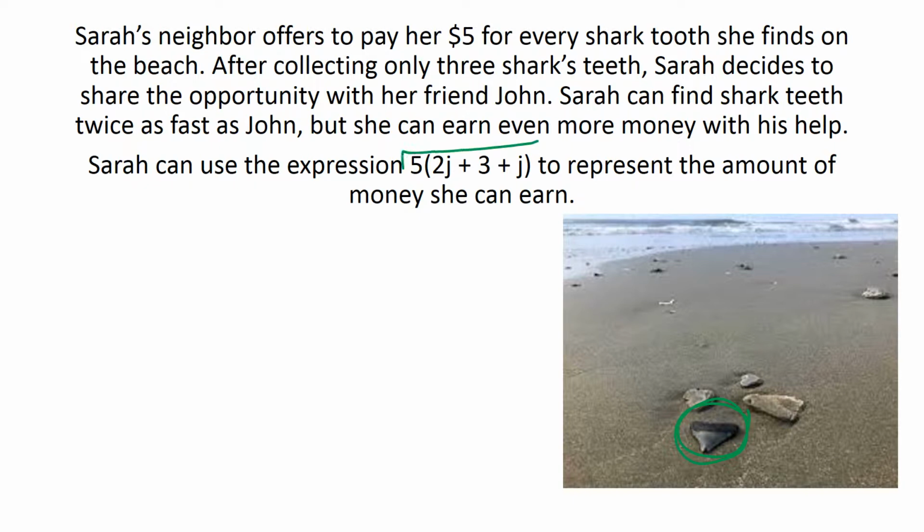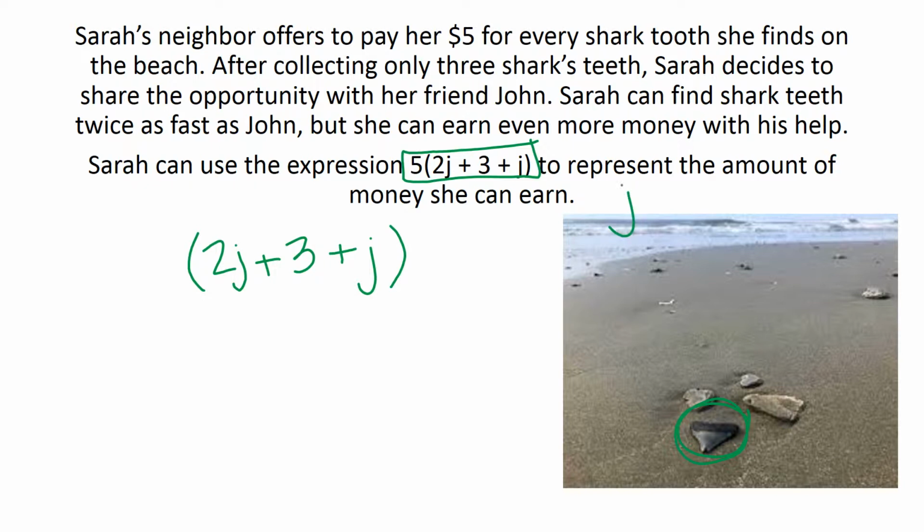can earn. So let's dissect this and just make sure you understand what the word problem means and compare it to this. So this is what we have. We have our parentheses, which represents how many shark teeth we can get. Now, if we look at our parentheses, we see the 2j, and then we see a plus 3, and then plus j. Now, a couple things to keep in mind. Sarah is collecting shark teeth, but she asked John to help.